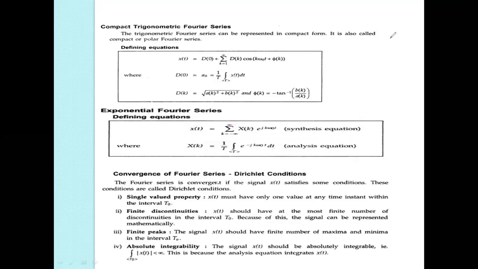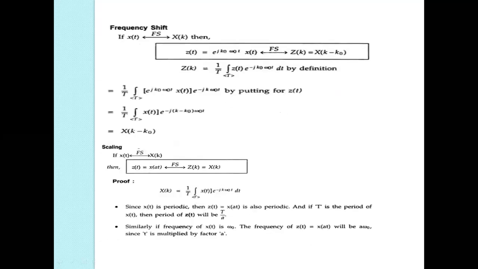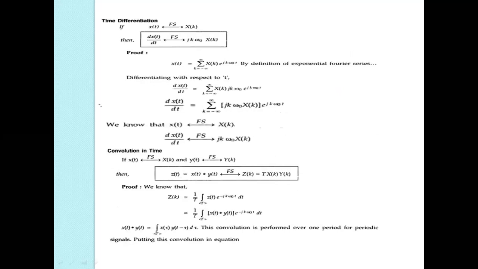So now today's class is the time differentiation. To prove the time differentiation property, we are using the synthesis equation, x(t) equal to the sum. Now I take it here on the whiteboard.